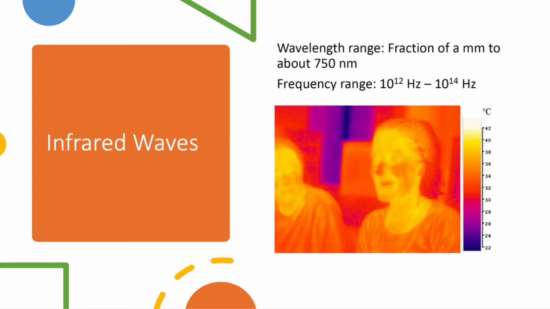Next on the spectrum, we have infrared waves. The wavelength for these waves is a fraction of a millimeter to about 750 nanometers, and the frequency ranges from 10 to the 12th hertz to 10 to the 14th hertz. The primary source of infrared waves is heat or thermal radiation.